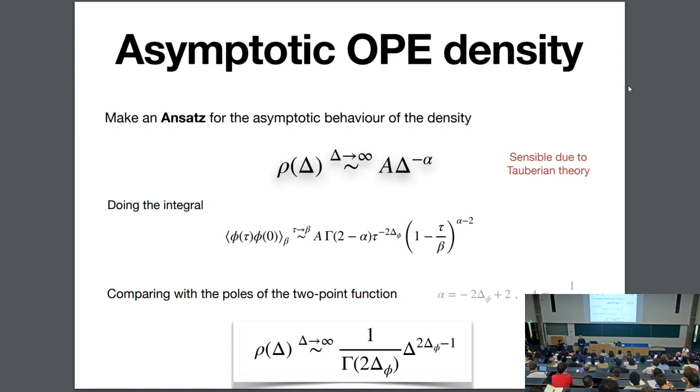I start with a smart ansatz. But not every CFT has this property? Every CFT has this property. This is a famous result. There is an equivalent, not for the 2-point function, maybe you know for the 4-point function. Every CFT has this property. This is a universal behavior. I cannot explain more.